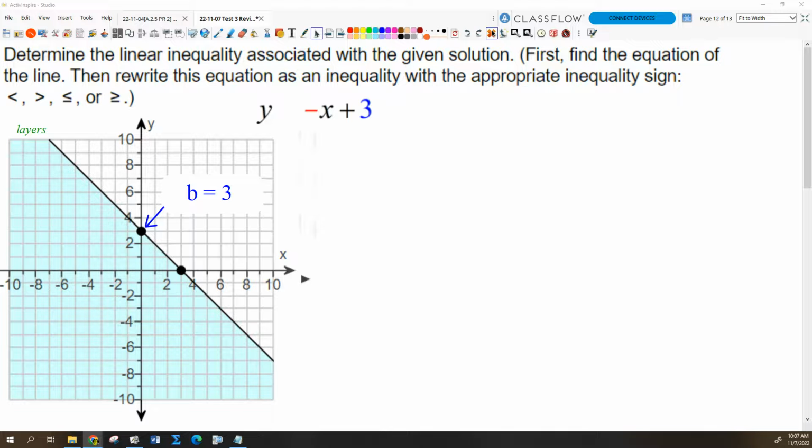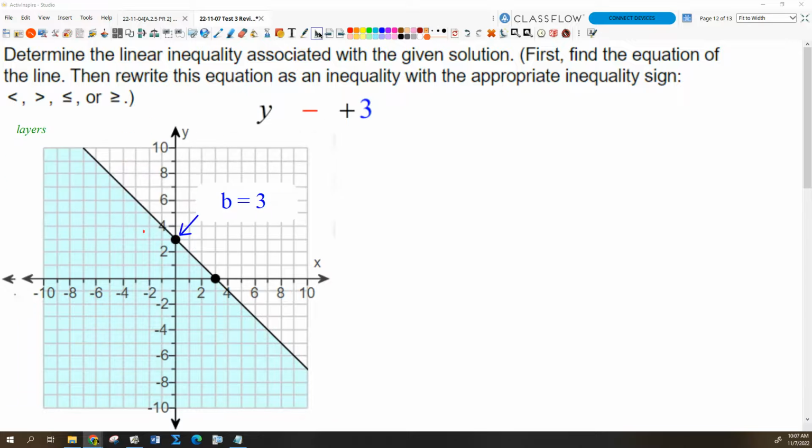Okay, so what about the slope? Well, if we make a slope triangle here, like if we pick two points that are already defined for you, right? Look, I'm rising by -3 and running by 3. -3 over 3 is what? -1. Okay, so we know the slope is -1.